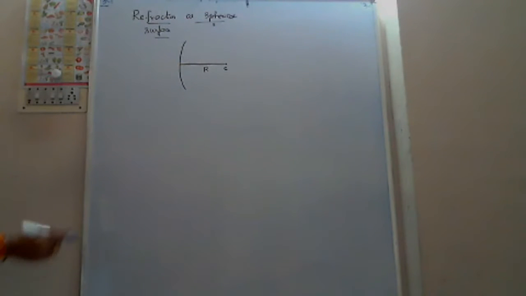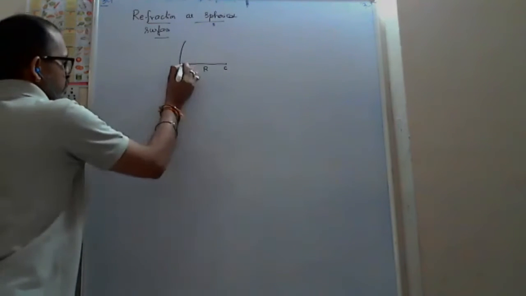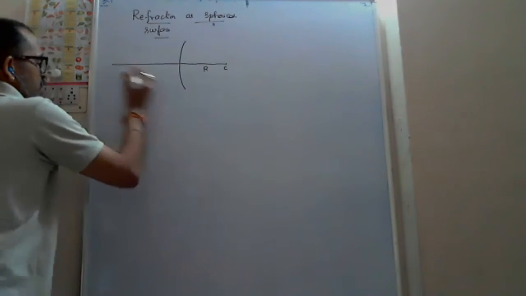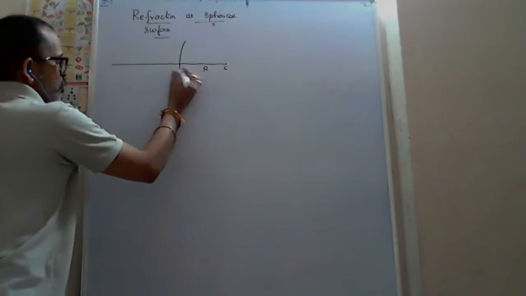And that spherical surface is actually separating two media. Left side one medium and right side another medium. Take the two media here, left and right. Suppose I consider this is the principal axis, and of course, no need to say it is the pole.